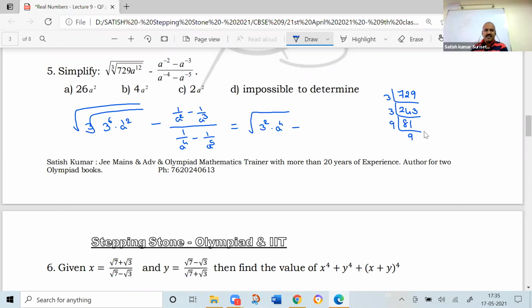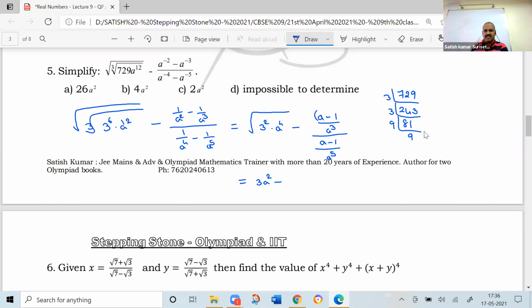Now here LCM is a cube, so the numerator will become a minus 1 upon a cube, whole divided by, here LCM is a power 5, numerator is again a minus 1 upon a to the power of 5. So square root of 3 square a power 4 will become 3 a square.